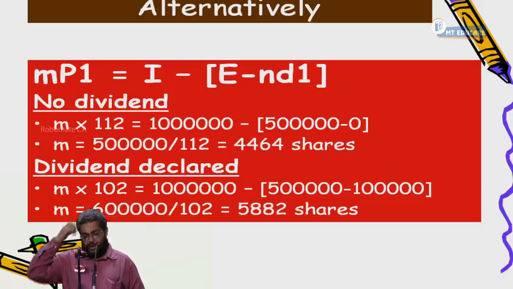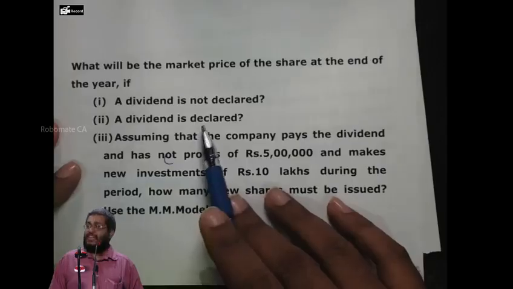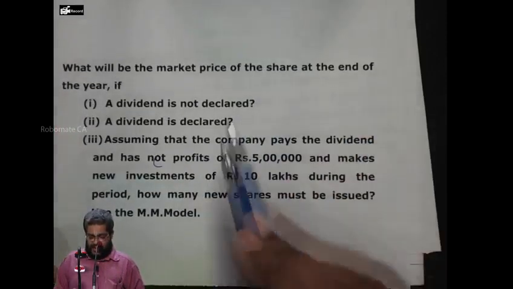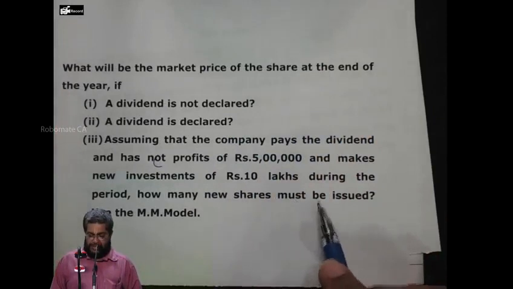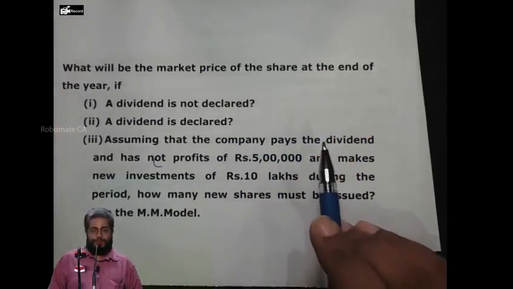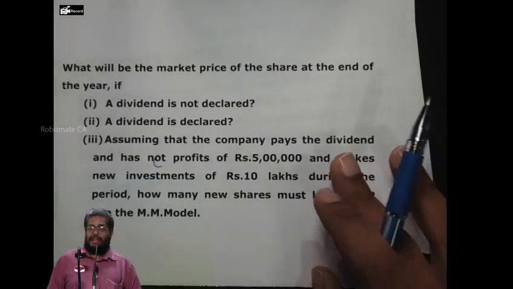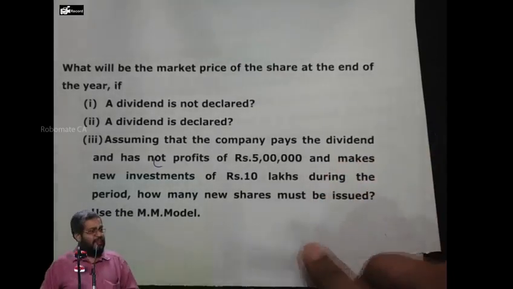What are the 3 questions? Look at the workbook and tell me the first 2 questions. First question: what will be the market price of the share at the end of the year if the dividend is not declared? The answer is 112. When the dividend is declared, next is, assuming the company and so on, how many new shares must be issued? 4,464 if the dividend is not declared, and 5,882 when the dividend is declared.